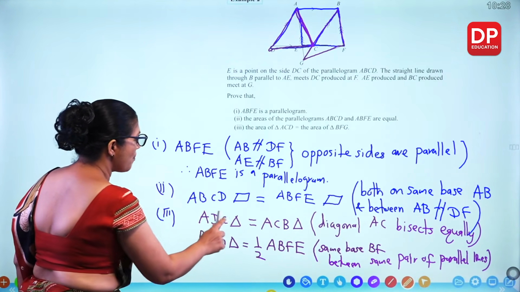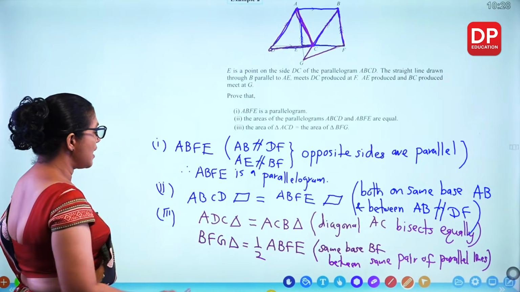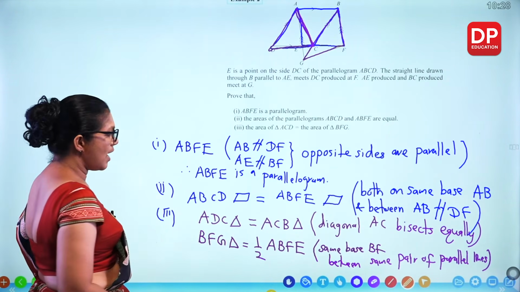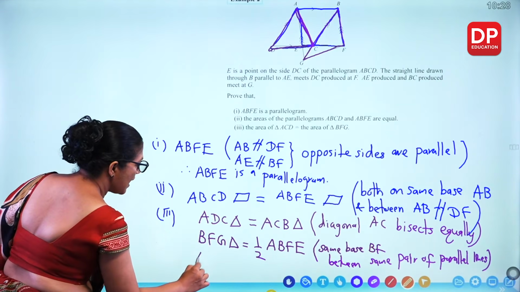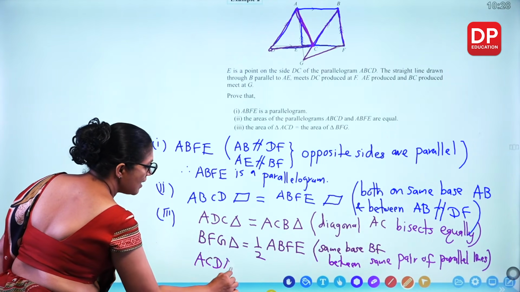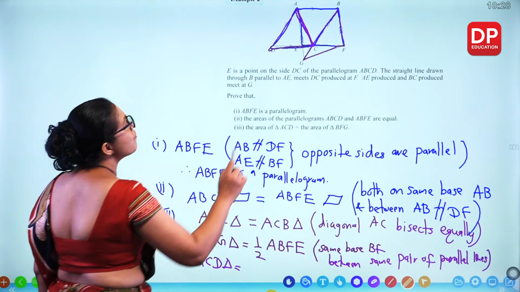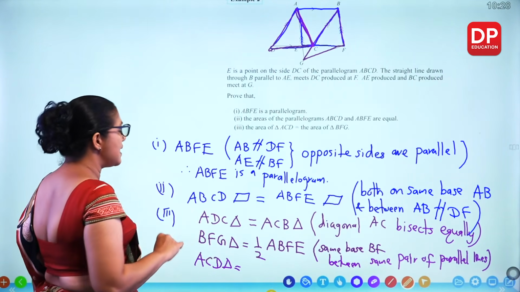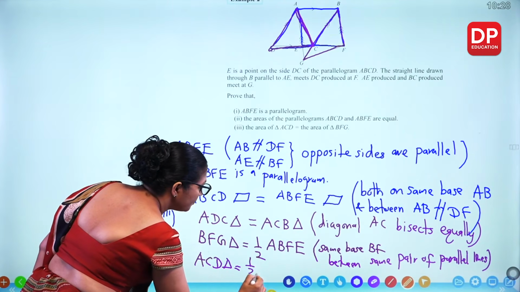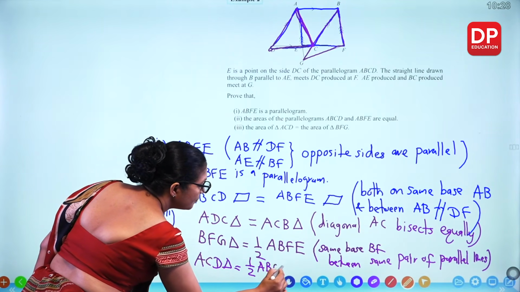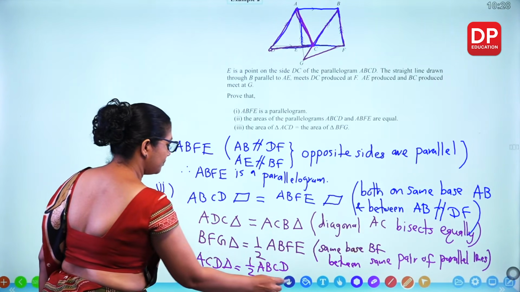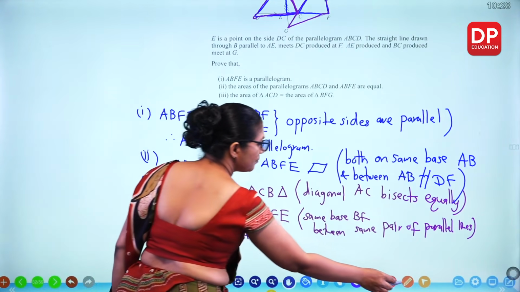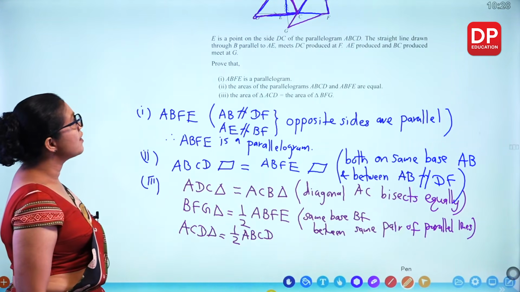And also from this, what can you say about ADC triangle or ACD triangle? I can say ACD triangle is half of ABCD parallelogram.